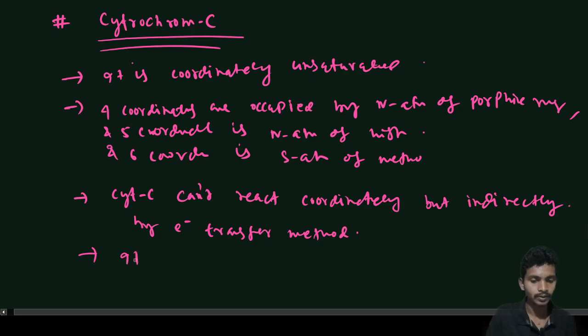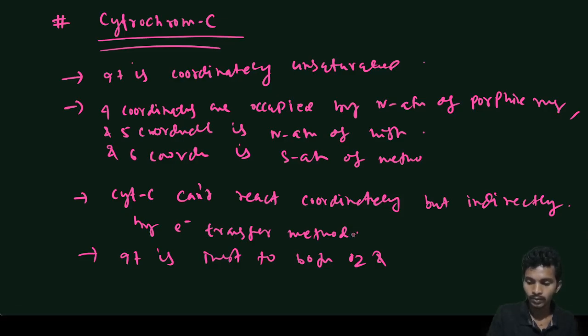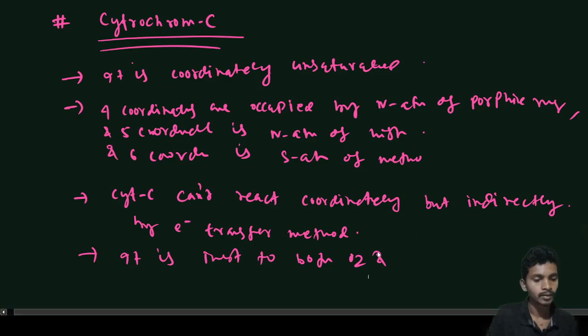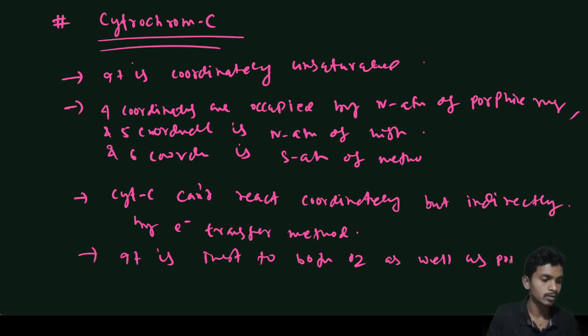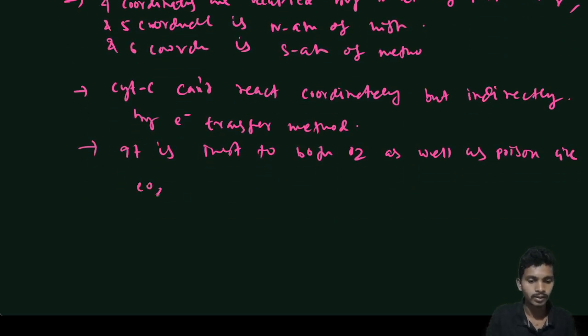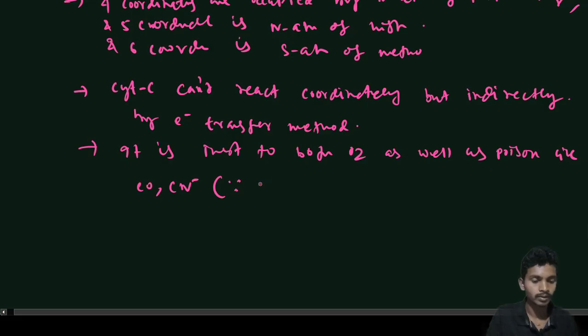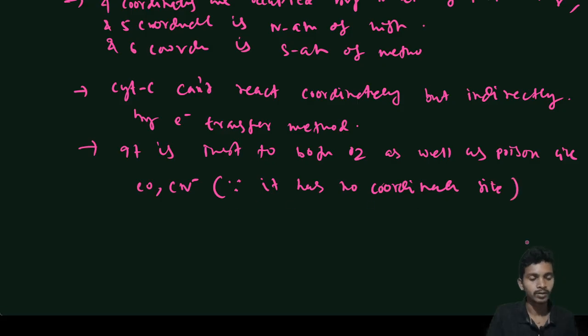So it is inert to both O2 as well as poisons like CO and CN minus, because it has no coordinate site. So this is about cytochrome C.